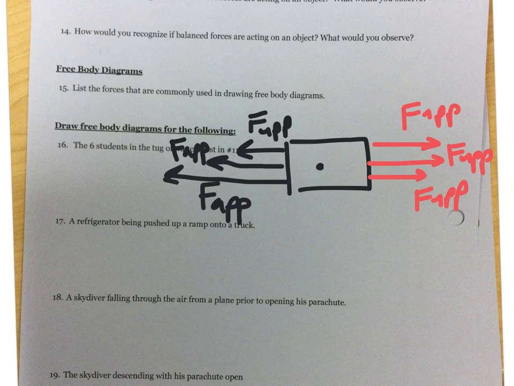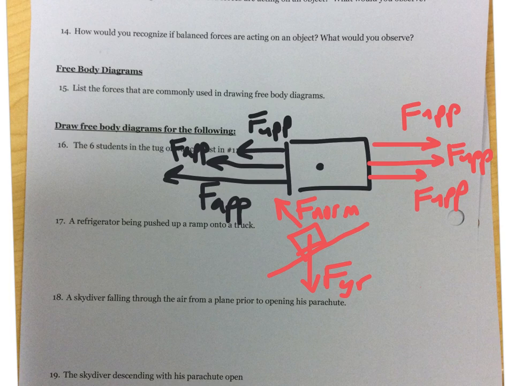Alright, for the refrigerator being pushed up a ramp, here is our ramp, let's say, and there is our refrigerator. We know that we have the force of gravity going down. We also have a normal force that's going to be perpendicular to the ramp.